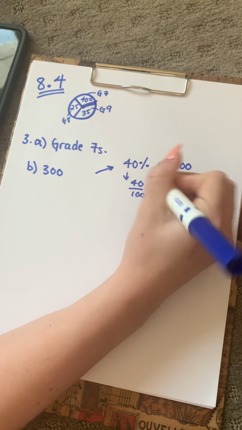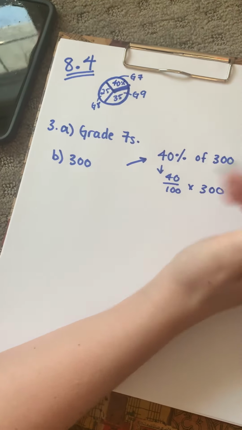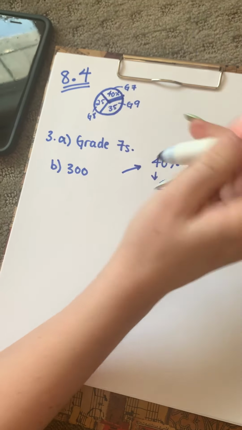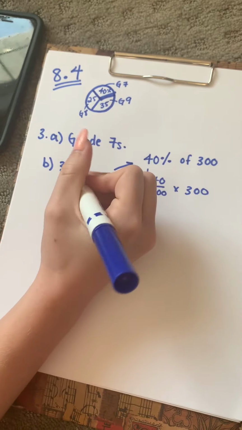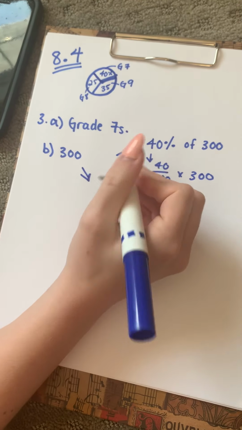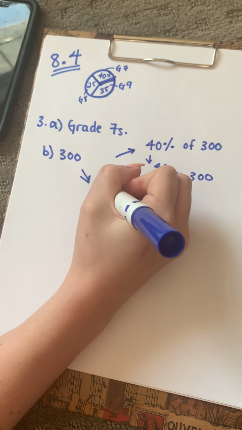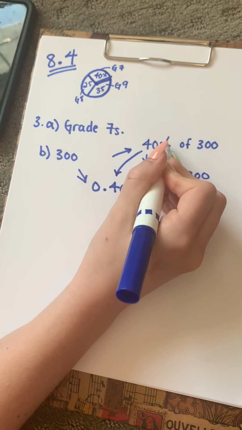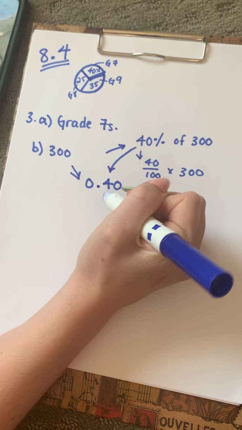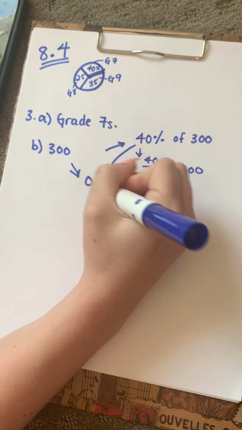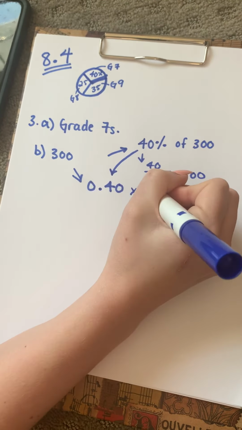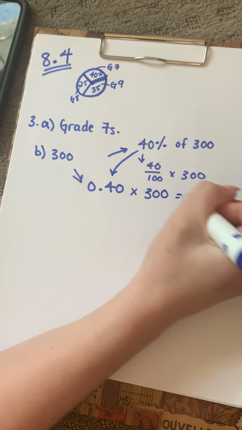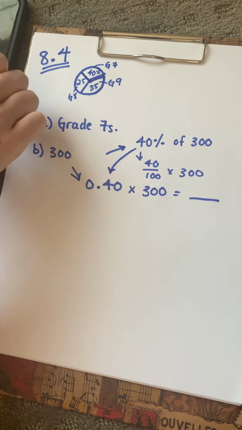That's still a really good strategy, but because for unit 8 we have our calculator, there's also an easier strategy. I can take this 40% and change it quickly into a decimal, because we all know I can change fractions very easily to a decimal. When I change it to a decimal, I can times this by my total number to figure out how many grade 7s were there.